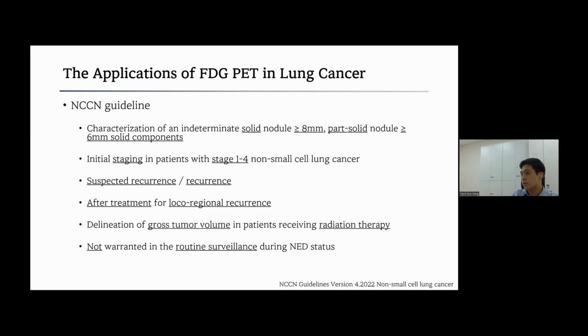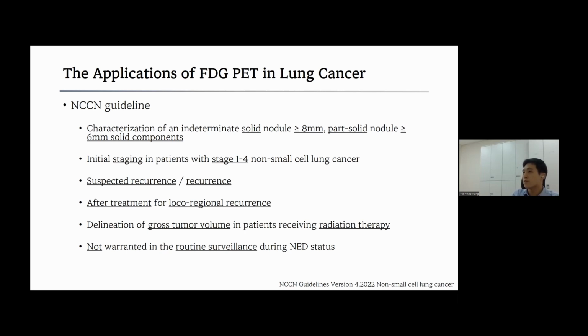When recurrence is suspected or confirmed, or after treatment for local regional recurrence, and delineation of gross tumor volume in patients who are planned to receive radiation therapy.